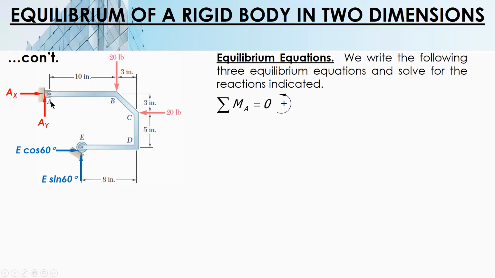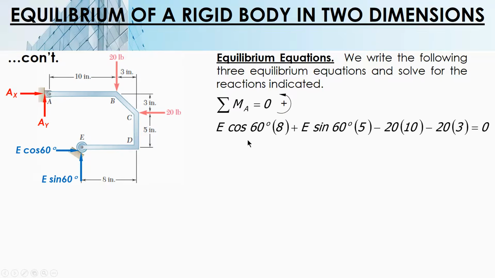Okay, so substitution of moment at A, this is the equation. E cosine 60, the perpendicular distance of this force to A is 8, 5, and 3, 8. For this one, E sine 60 is 5. Why 5? Because from A, 10 and 3, 13. 13 minus 8, so 5 only.